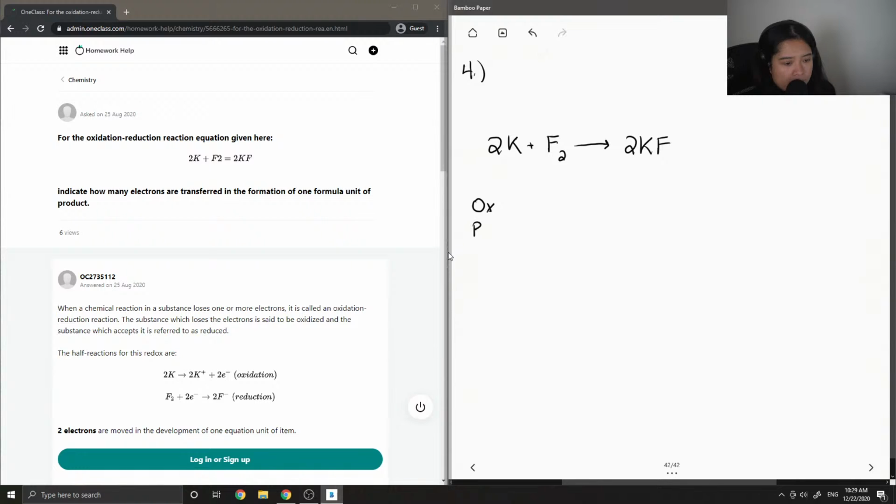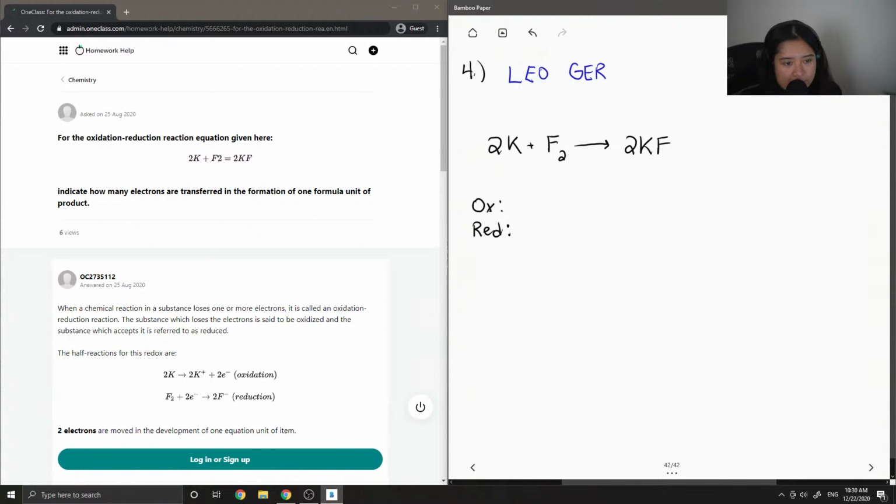Okay, so now we just need to separate into its half reactions, so oxidation and reduction. So if we recall the acronym LEO GER, we can remember that losing electrons is oxidation and gaining electrons is reduction. And we can also look at whether or not the oxidation number is increased or decreased.